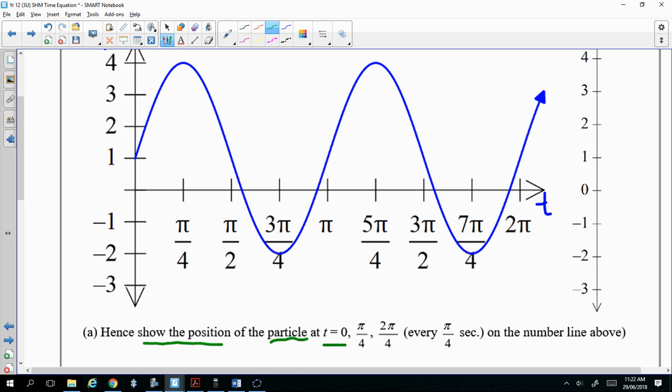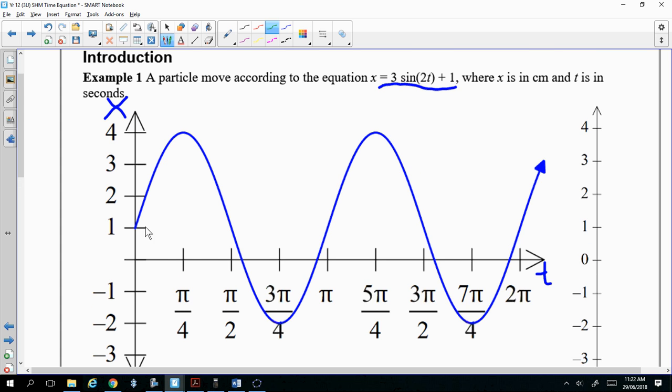At the beginning, it starts at 1. That's the starting point. And then what happens after pi over 4 seconds? You move to the position 4, right? And then after that, it goes back to 1 at pi over 2 seconds. So that's t equals 0, and then this is t equals pi over 4, and next is pi over 2.